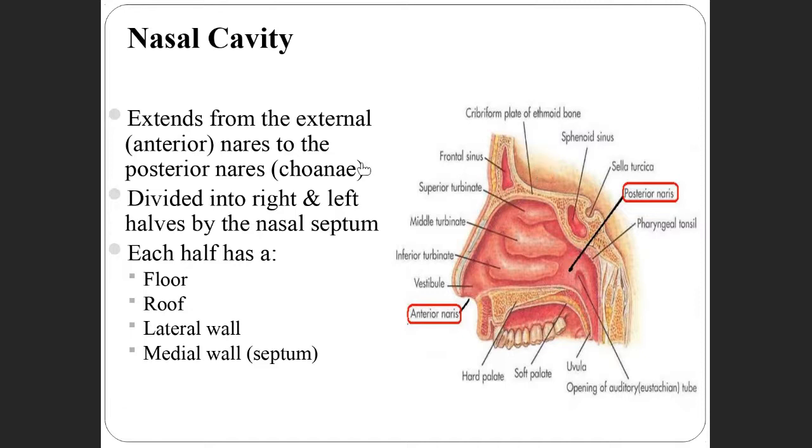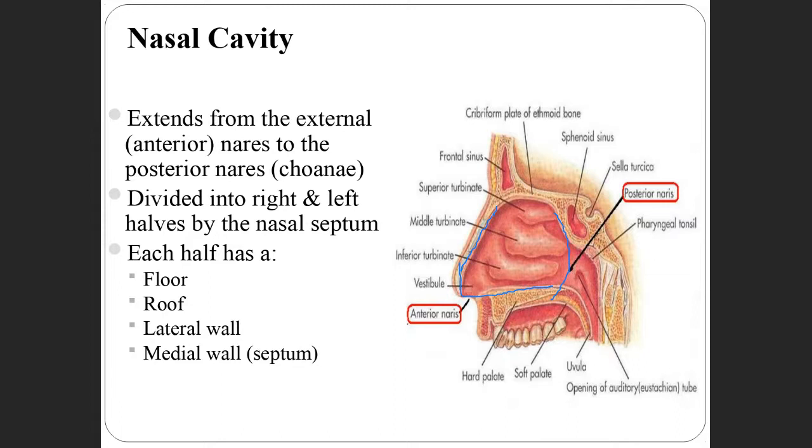It extends from the external nares, the external part of the nose, to posterior to the posterior nares, which are called choanae. So from here to here, this area is called the nasal cavity.